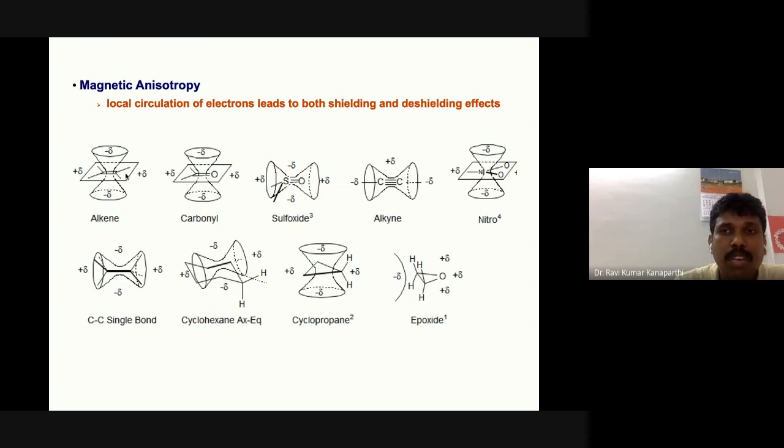Above and below the pi plane you have the shielding effect. So if a proton is present above or below the plane, there will be a shielding effect, and a proton present on the plane will show a de-shielding effect.